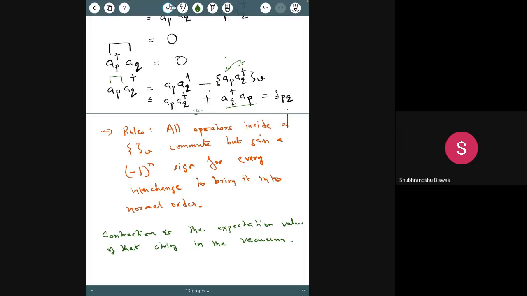So suppose you write the APAQ dagger contracted equals APAQ dagger minus the normal ordered form of APAQ dagger, that is AQ dagger AP. Is it possible? Then the rest will follow.